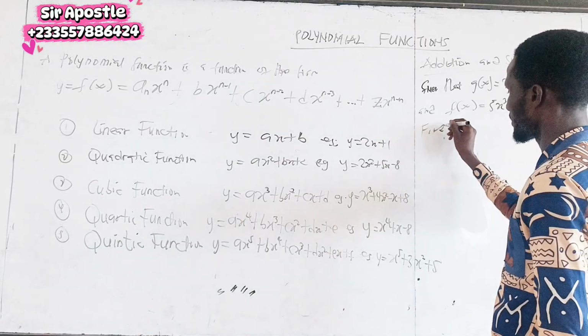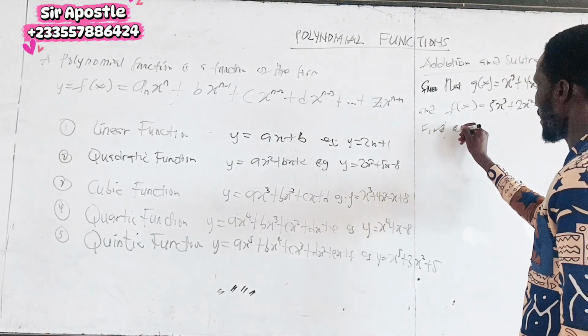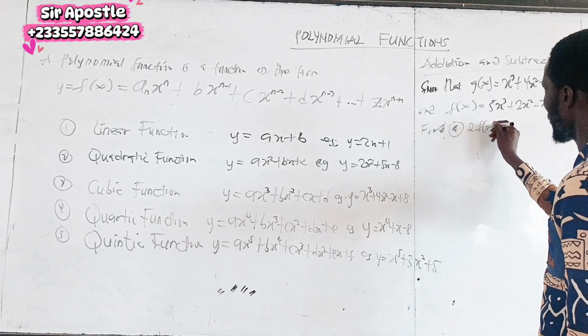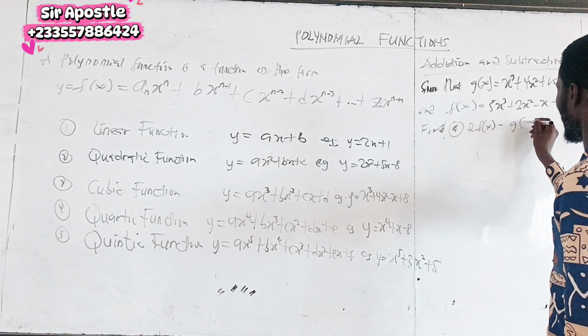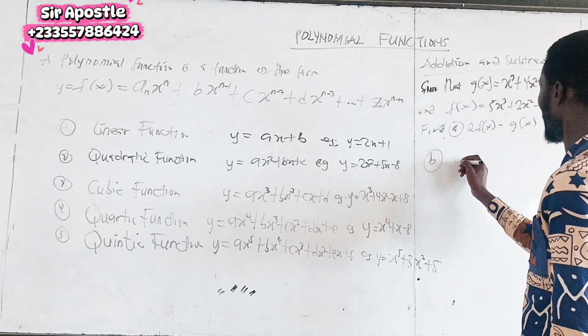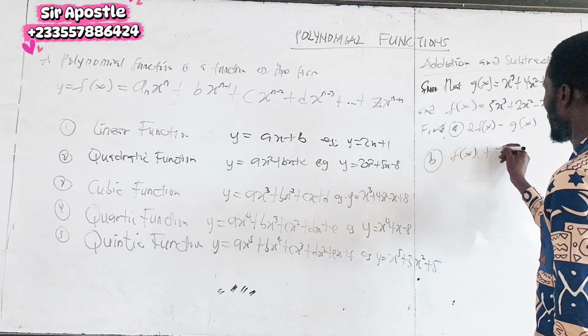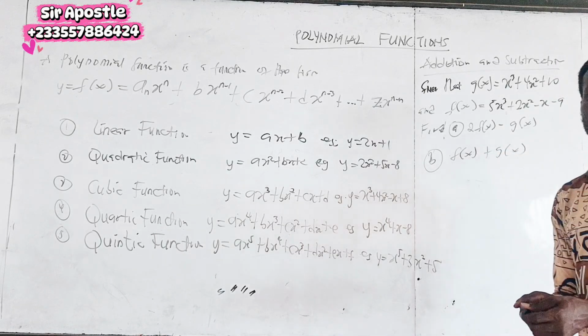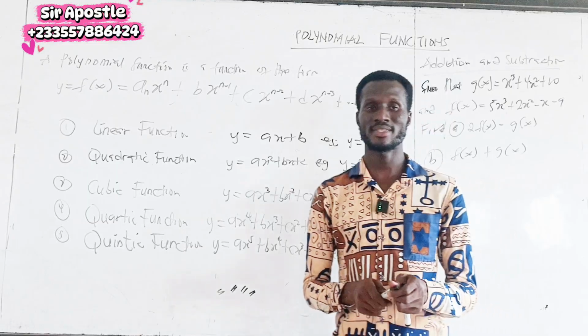Now let me find 2 f of x minus g of x, and then b, let me find f of x plus g of x. Now we are solving something simple here, because I'm not going to waste time.